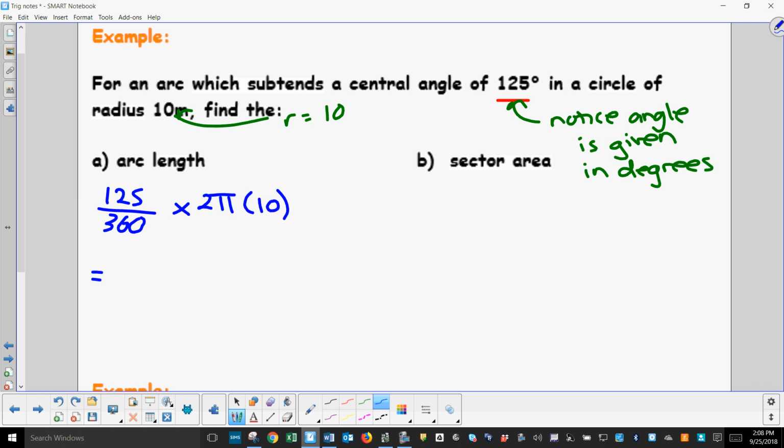For sector area, you're going to do the same thing, 125 over 360, but times pi r squared, so times pi times 10 squared. Write your unrounded answer and then your rounded answer. I'll give you a chance to throw them into a calculator. Let's see what wonderful things come from there.